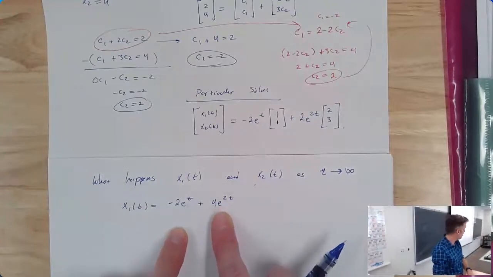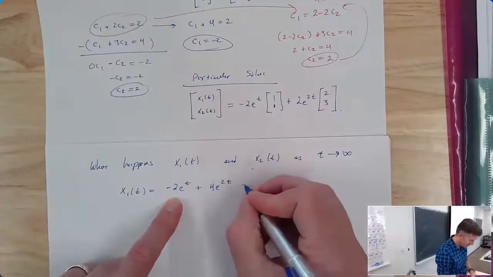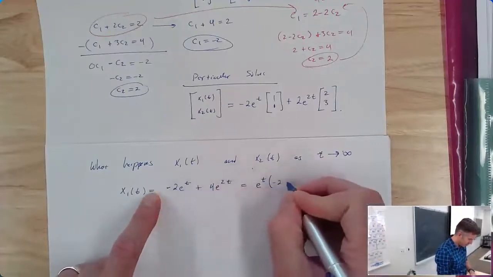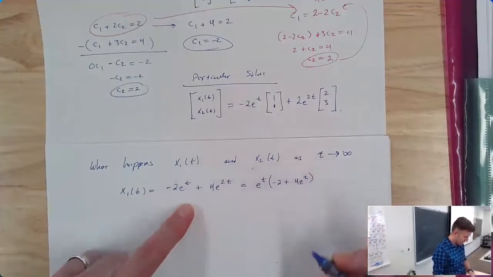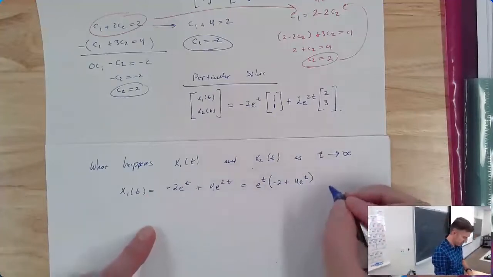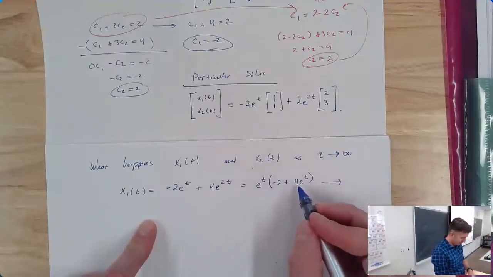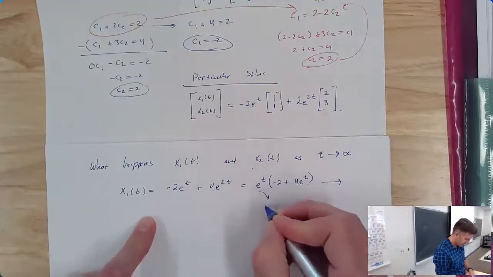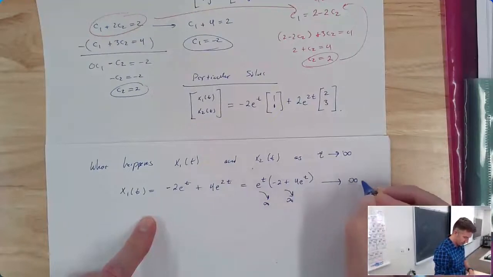If you don't like thinking of it that way, another way to go is to factor out the e to the t. So if I factor out an e to the t, I'm left with a -2 plus 4e to the t. And then I can say, oh, as t goes to infinity, e to the t goes to infinity, and 4e to the t minus 2 also goes to infinity. So both of these things are individually going to infinity, and infinity times infinity is infinity.